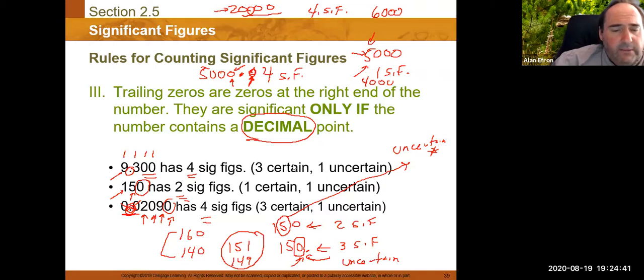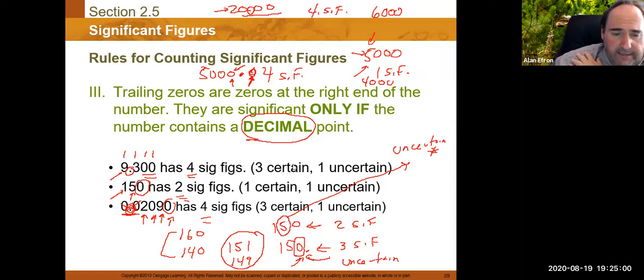So again, when we do record a measurement, we're looking for all the certain numbers plus that first uncertain number. And that is basically what represents our significant figures. And the importance of significant figures is it really does tell you how good or bad a measurement is and where the uncertainty lies.